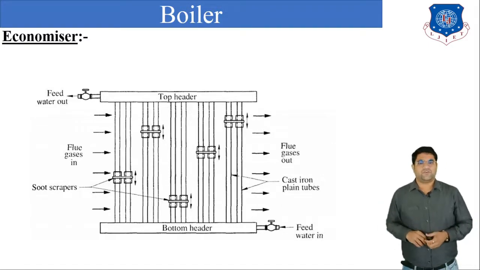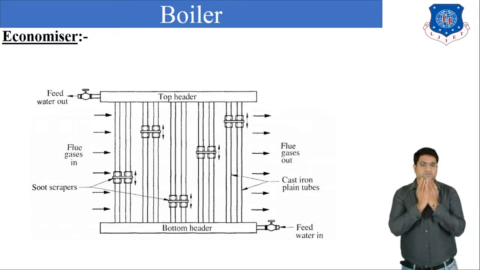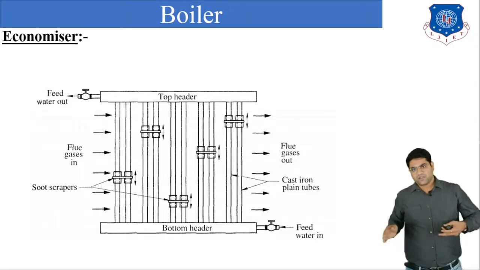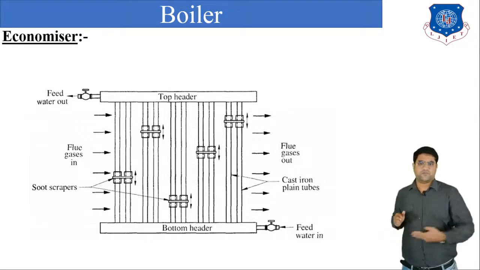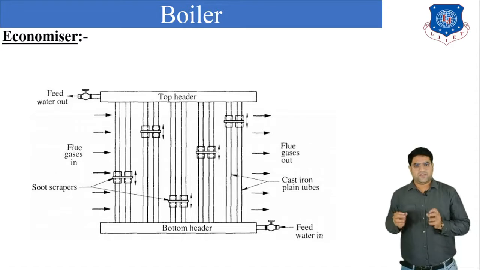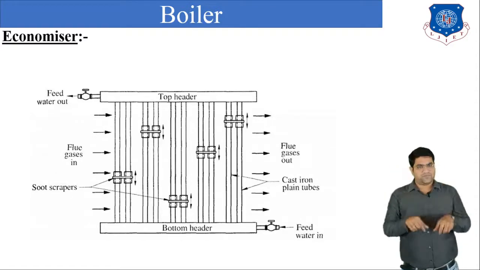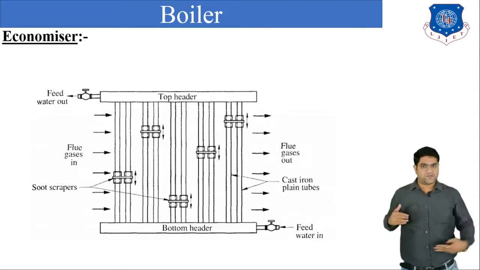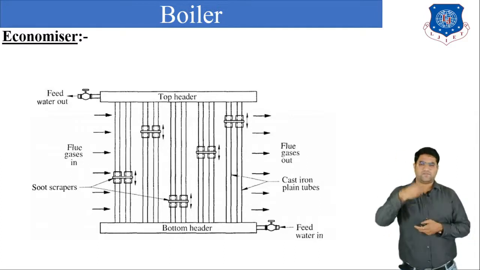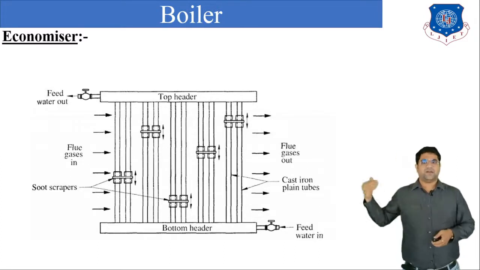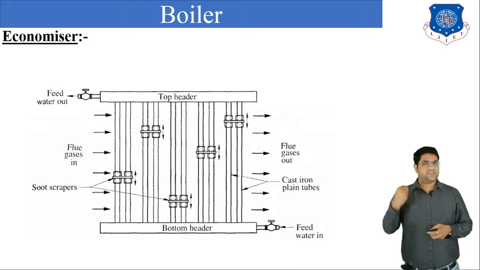First of all, let us understand the working, what happens here. Water comes from the bottom header and it fills the vertical passages. Now the flue gases, which are the waste gases.